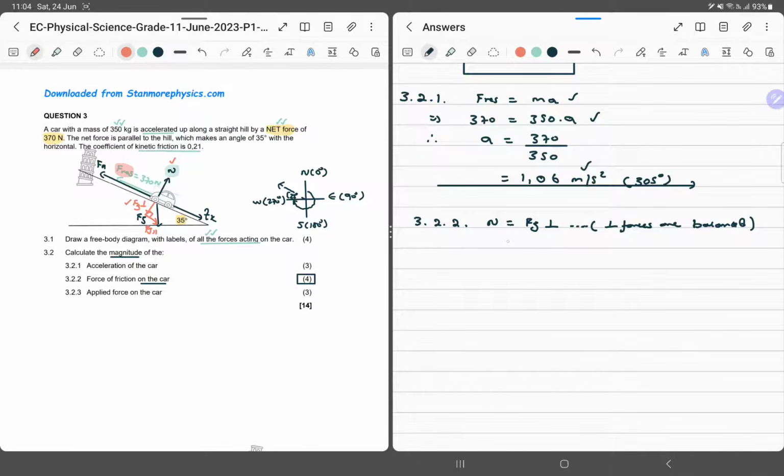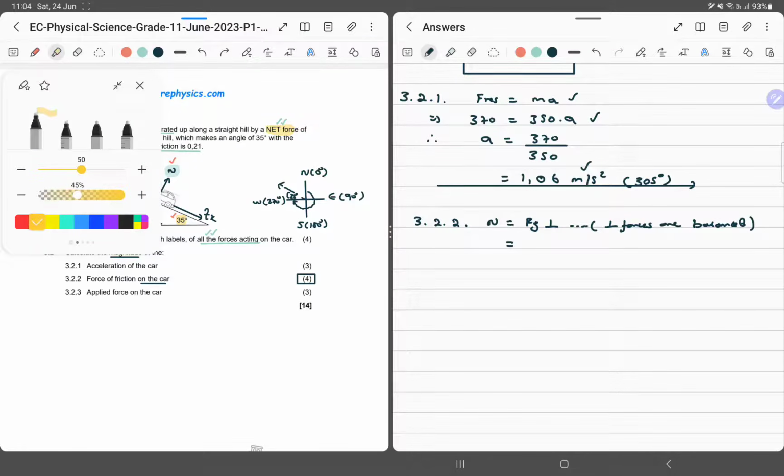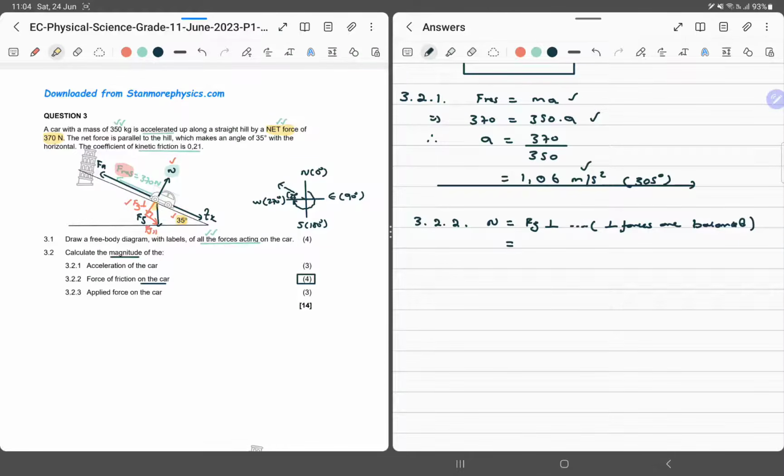So sometimes it's about finding smart ways to answer your question. Now we know that Fg perpendicular is essentially the cosine, because remember this angle here is going to be that angle in that corner. So maybe let's just use the little highlight. So this 35 degrees would actually be here, in our diagram. So if we want the Fg perpendicular, we simply say cos, because we know the weight, or Fg.